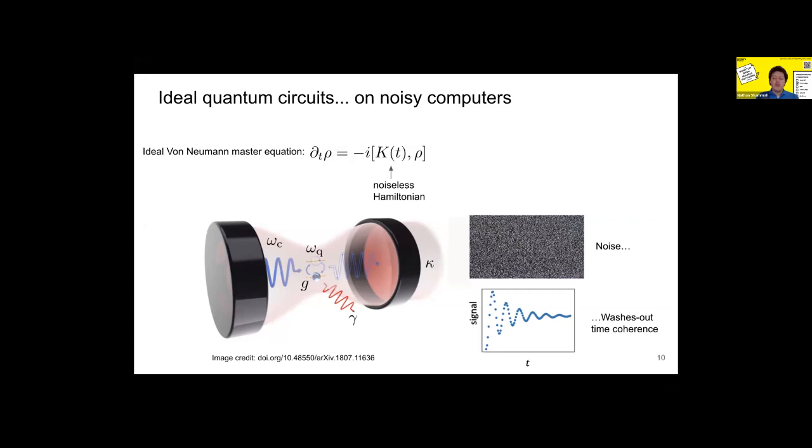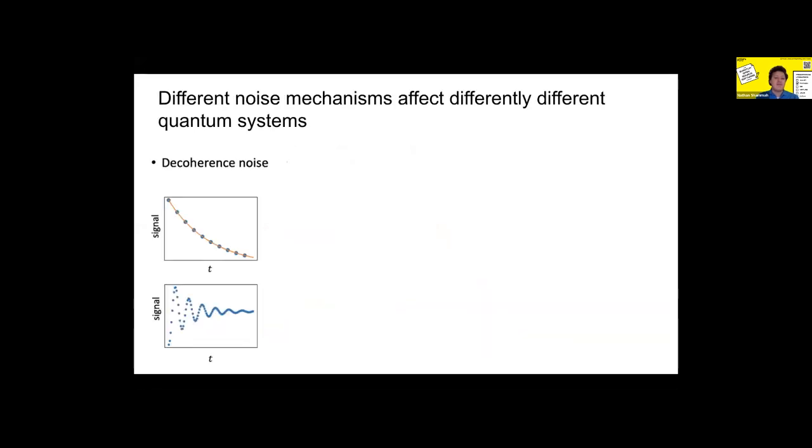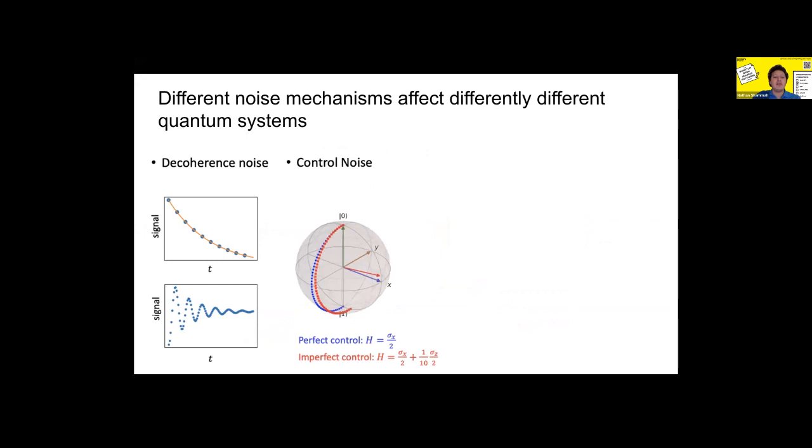But let me spend a few more words about noise, because the study of noise is fundamental for the advancement of this field, and it has many aspects to it and a lot of research going on right now. So as I mentioned, there can be decoherence noise, in which we see the signal washing out at some point.